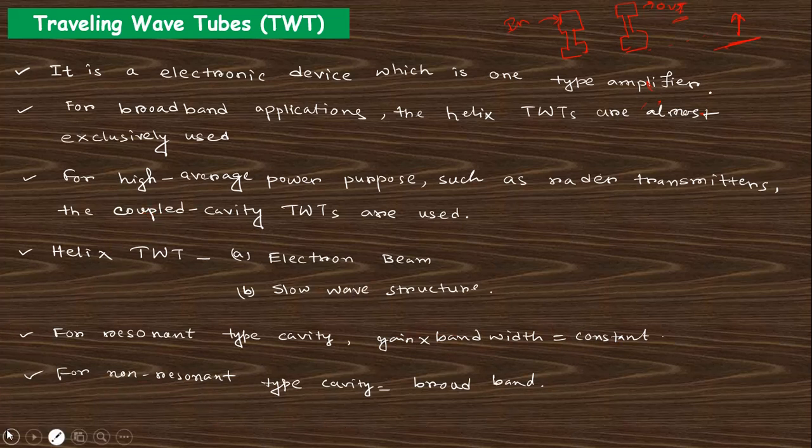That's why the traveling wave tube is broadband, and it is an electronic amplifier. For broadband applications the helical structure is used, that's why helix TWT traveling wave tubes are almost exclusively used.